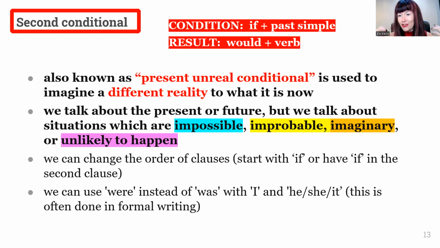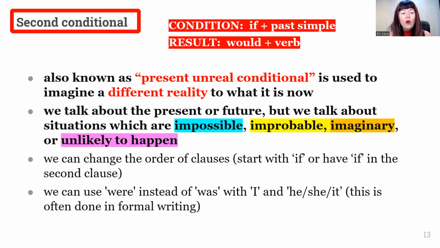We imagine that there is a different reality, that things are different to what they are now. So we talk about the present or the future, but we talk about situations which are impossible, improbable, imaginary, or very, very unlikely to happen.